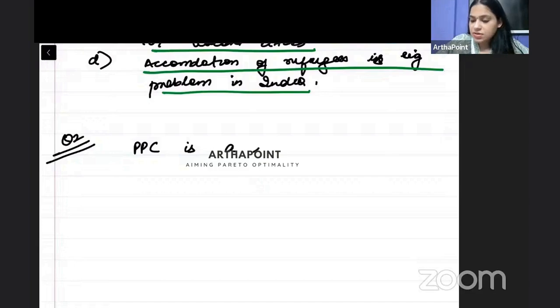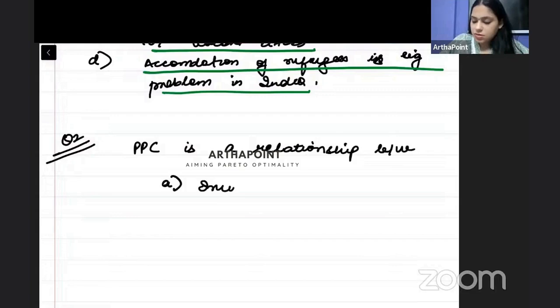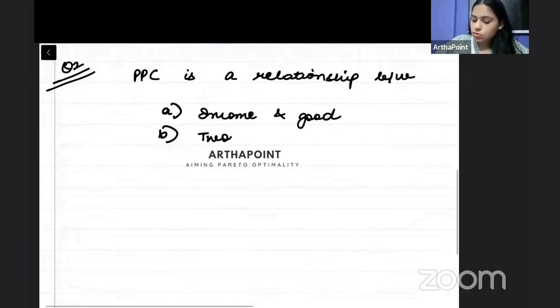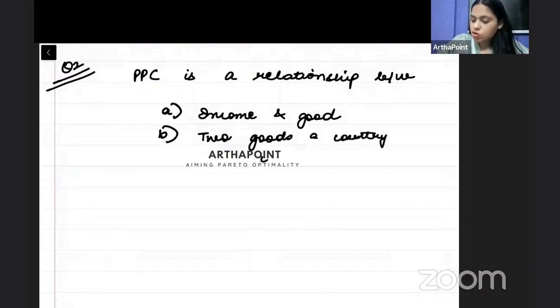PPC is a relationship between option number A, income and good. Option number B, two goods a country wants to produce.